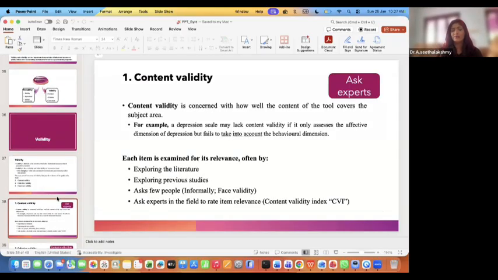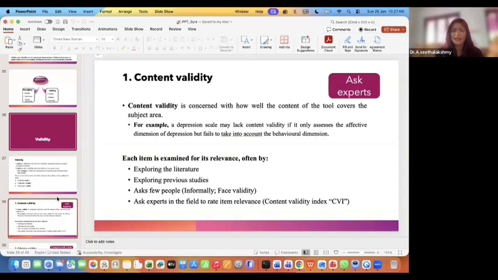For example, content validity means, see, you read each and every question one by one. Nearby people, you ask them, read this. Tell me what you understand from this. Give it to your friends, or give it to a nearby person, an unknown person.